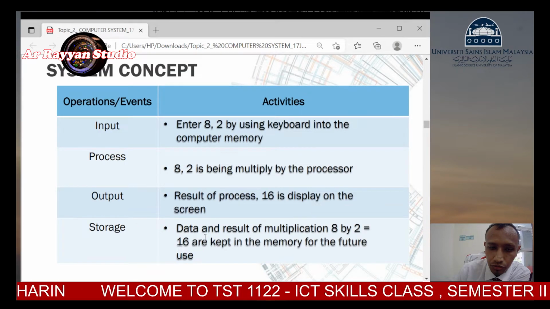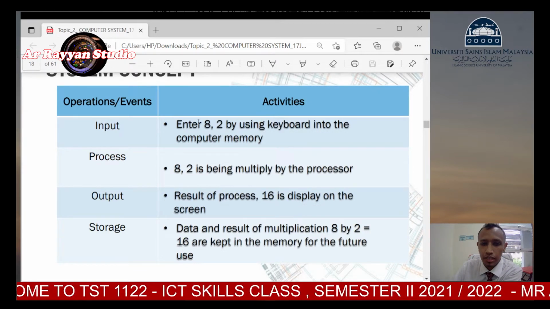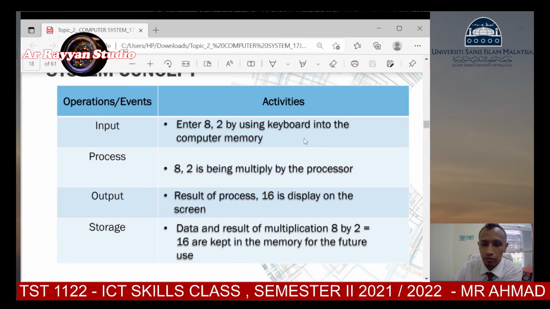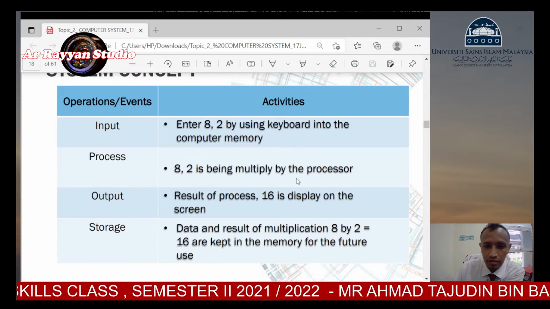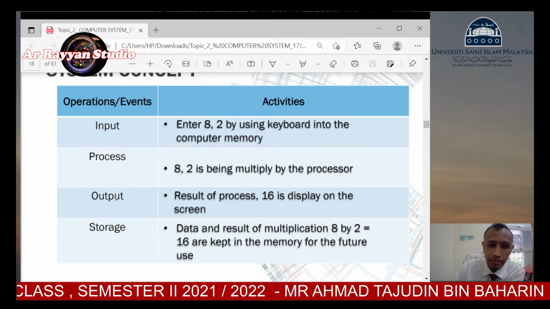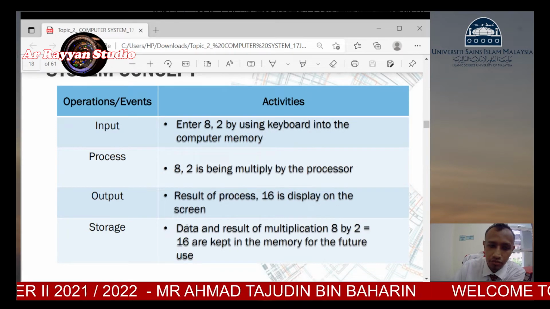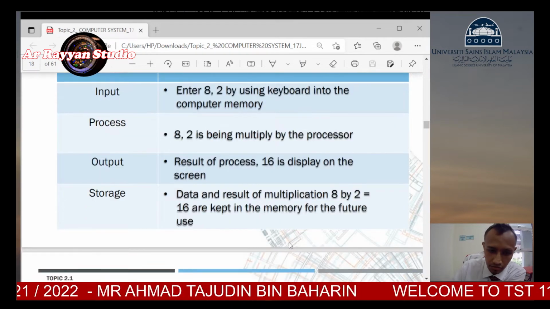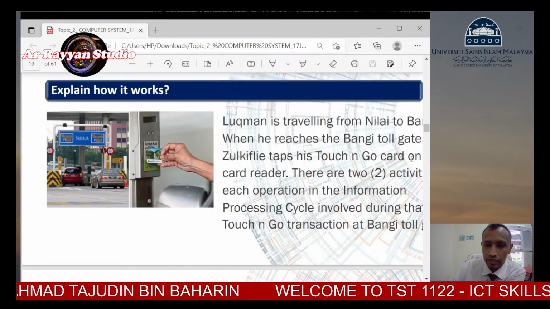Alright, storage data functions. Okay. So input dia ialah 8 dengan 2 that we are using from keyboard, and then we will process using multiply, and then the output, the result of the system will display on the screen. Then storage, alright, will be kept in memory for future use. Alright, okay, how about this one?